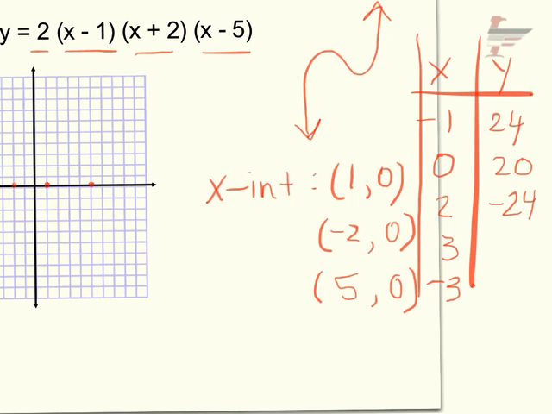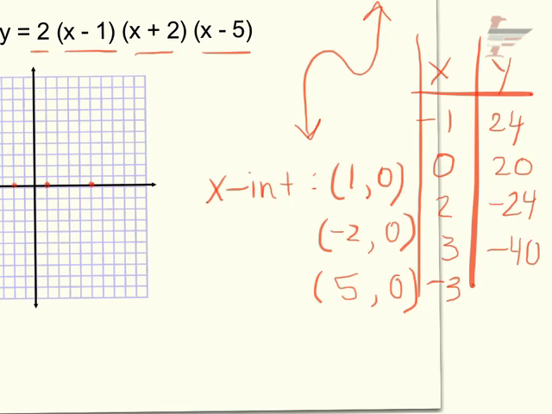And then I'm going to test 3. So 2 times 2 is 4, 4 times 5 is 20, 20 times negative 2 is negative 40.